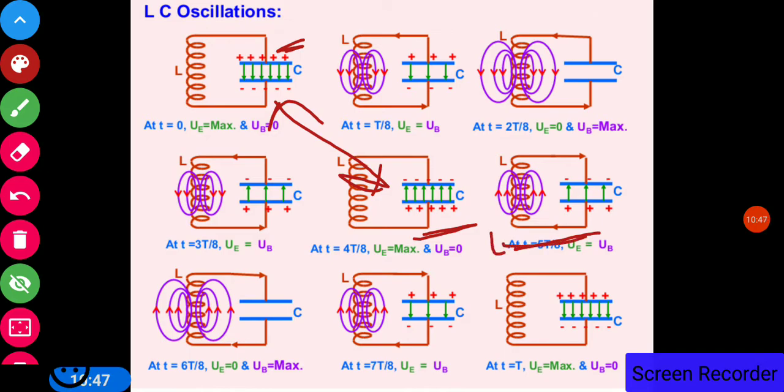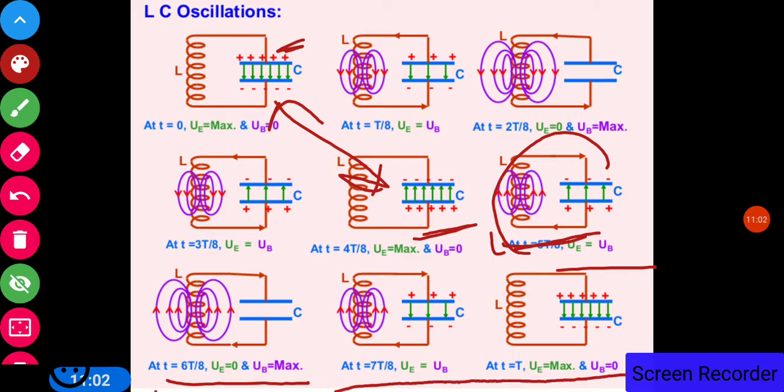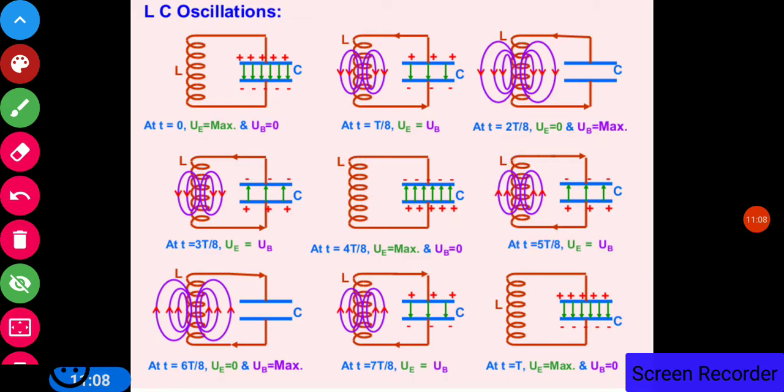The current will start flowing in this direction, and for the next 1/8 cycle the energy will become zero. Next, again in 1/8 cycle, the energy of the capacitor becomes zero and the inductor's becomes maximum, and then it again decreases and the electrical energy becomes maximum and magnetic energy becomes zero. So this oscillation continues. This is known as the LC oscillation.